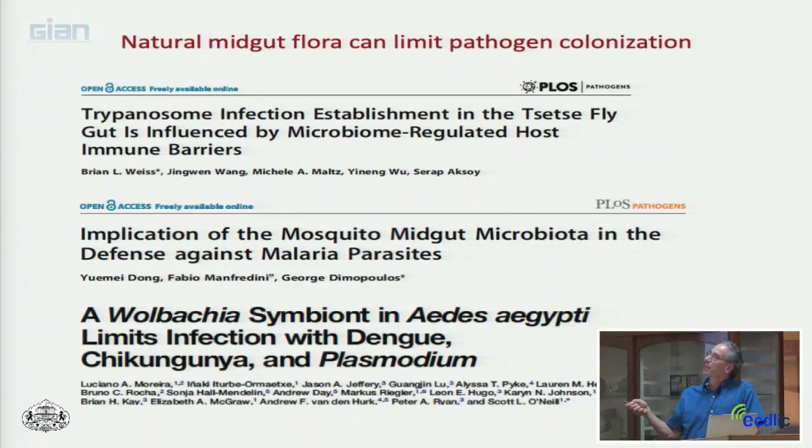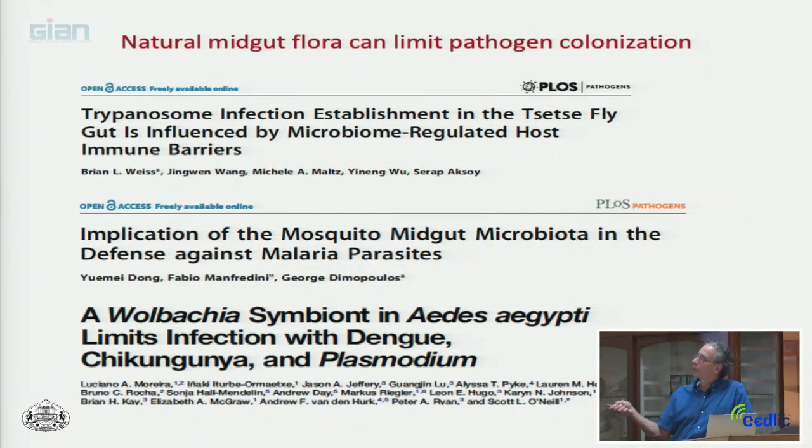A lot of work has been done on the natural midgut flora in other pathogen vectors. So tsetse flies that transmit trypanosomes, if they get rid of the natural midgut flora, the establishment of the infection is promoted.